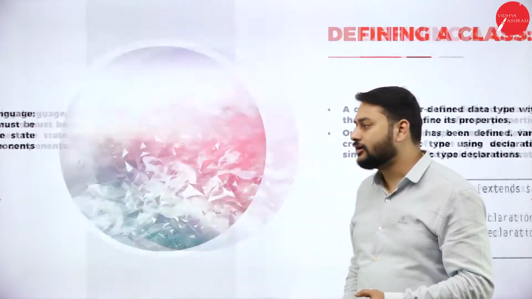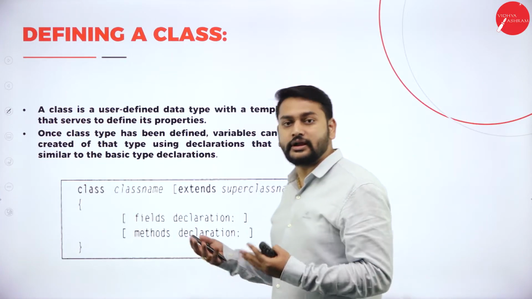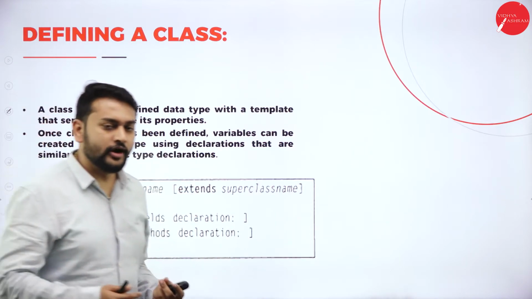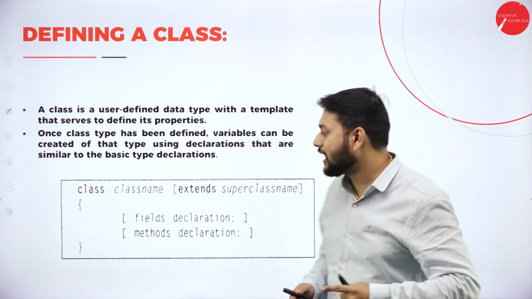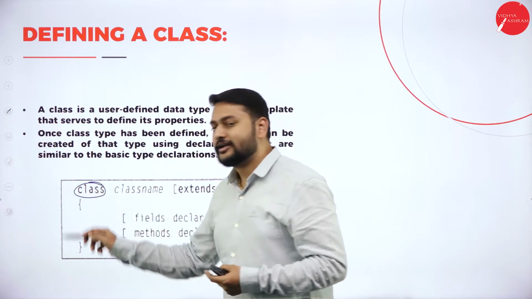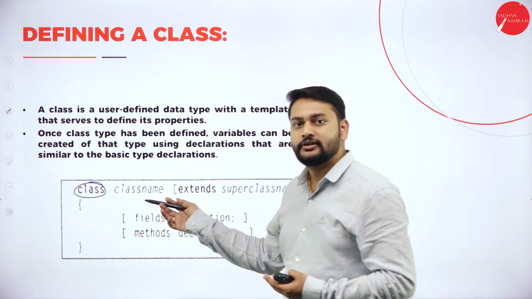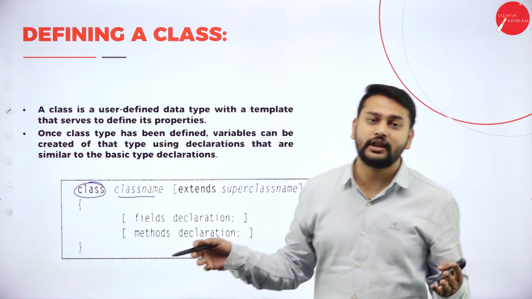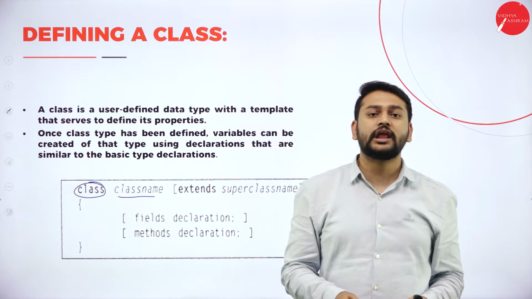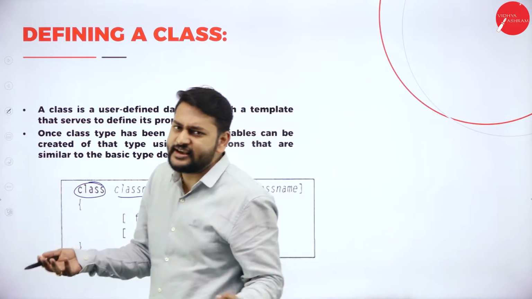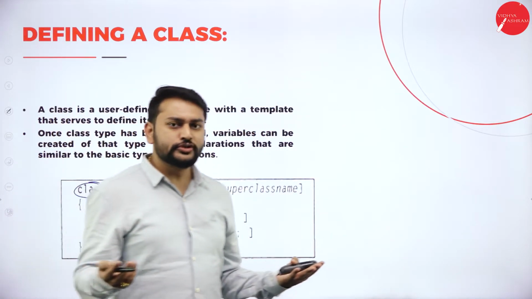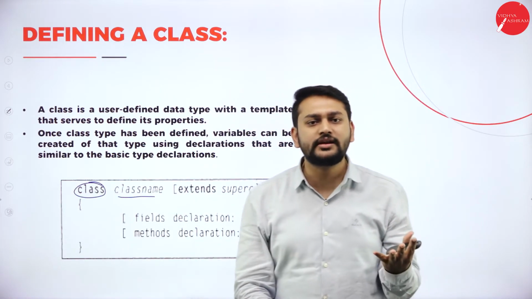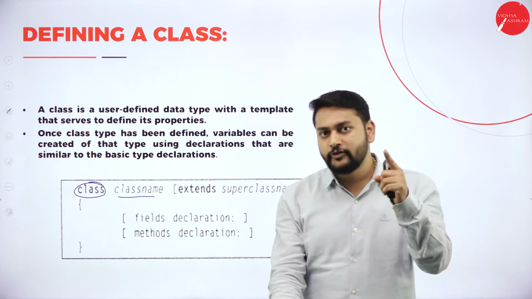So let's understand that. Guys, how do I create the class? What is the syntax that I have to use? The first and the beautiful word that I have to use to create the class is class. That is the keyword that I have to use to create any class. Then, followed by that, I have to give the name for the class. Whenever I'm giving the name for the class, we generally give A, B, C, X, Y, Z. My dear students, please remember, when I'm giving the class name, it's mandatory that I use a relevant name.